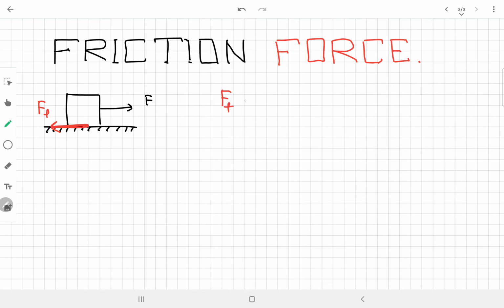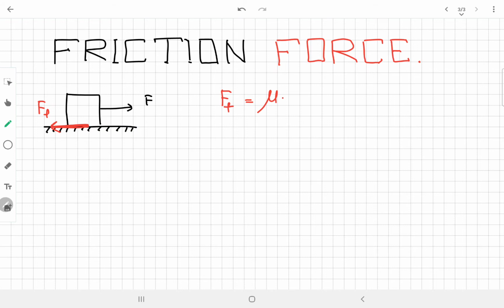Friction force equal to coefficient of friction, which basically contains information about the type of the material and the surface, but it's not important for us. This coefficient you can directly use in this equation in order to find maximum friction force.